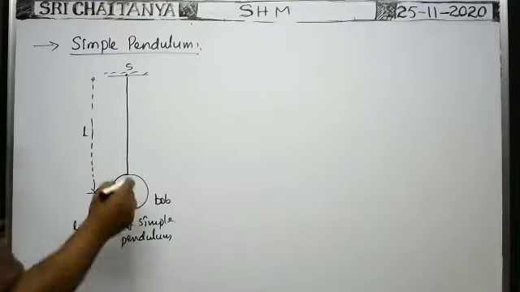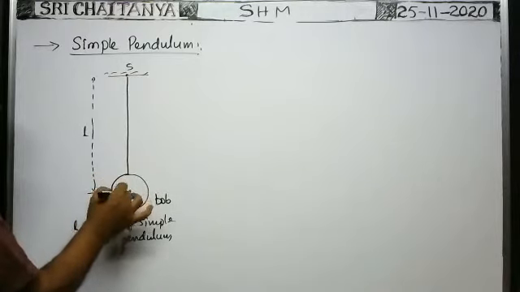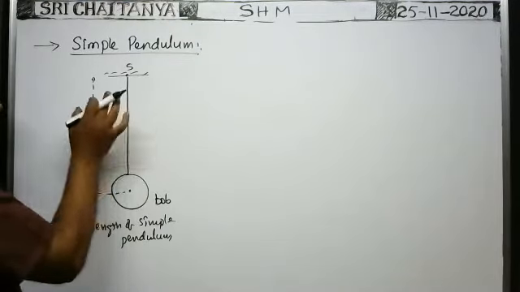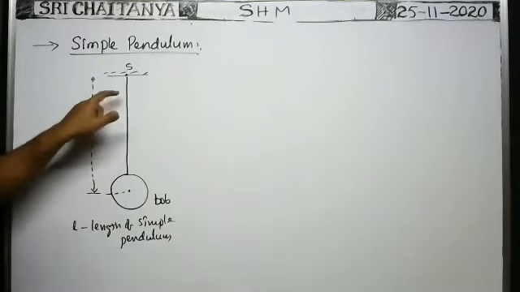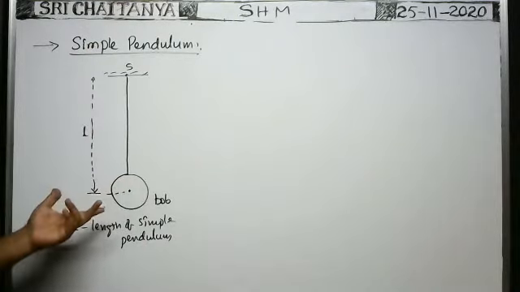But in general, compared with the length of the string, the size of the sphere is very small. The radius can be neglected. That's why the length of the string is considered as the length of the simple pendulum directly. From here to here, whatever the length of the string is, that is considered the length of the pendulum, because the radius is negligible.